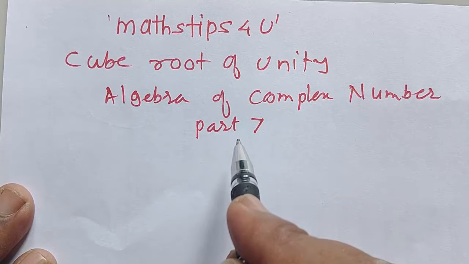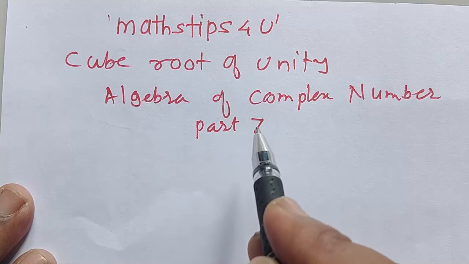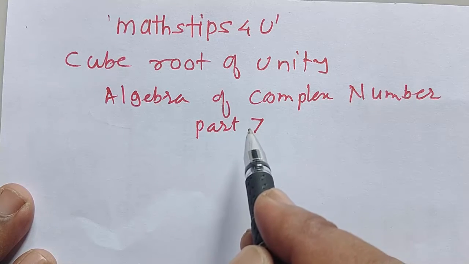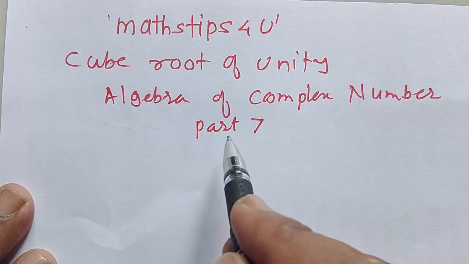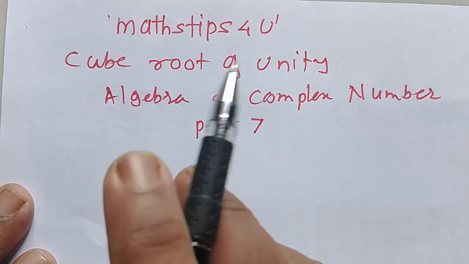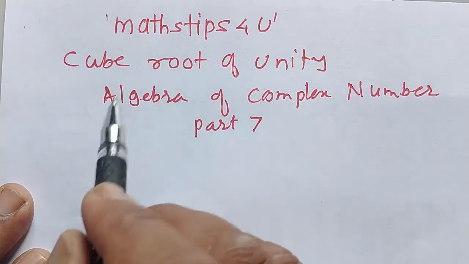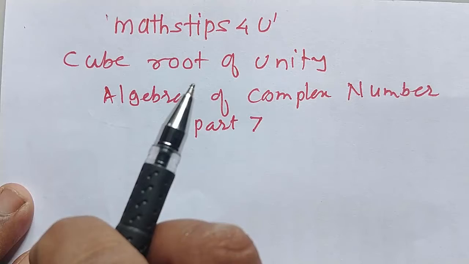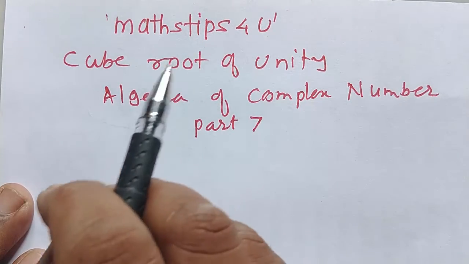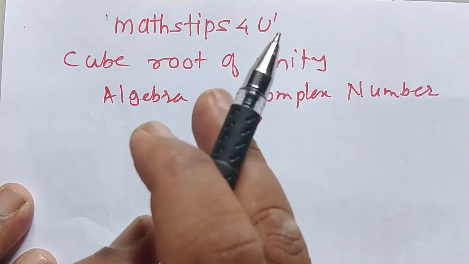Students who have not watched parts 1 to 6, I request them to watch those videos and then start with part 7. Here I am going to discuss the cube root of unity. The cube root of unity means the number whose cube, when raised to the index 3, gives 1.